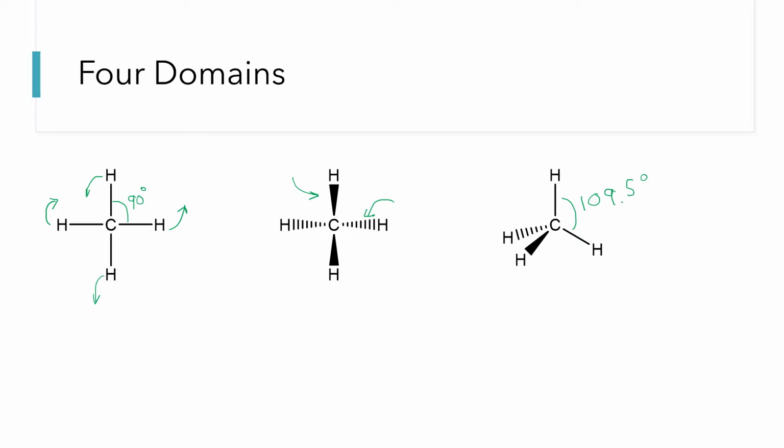They're all 109.5 degrees. This shape is called tetrahedral. And so with 4 domains, our geometry is going to be tetrahedral with a bond angle of 109.5. And this is the first one of our VSEPR shapes so far that actually requires 3 dimensions.